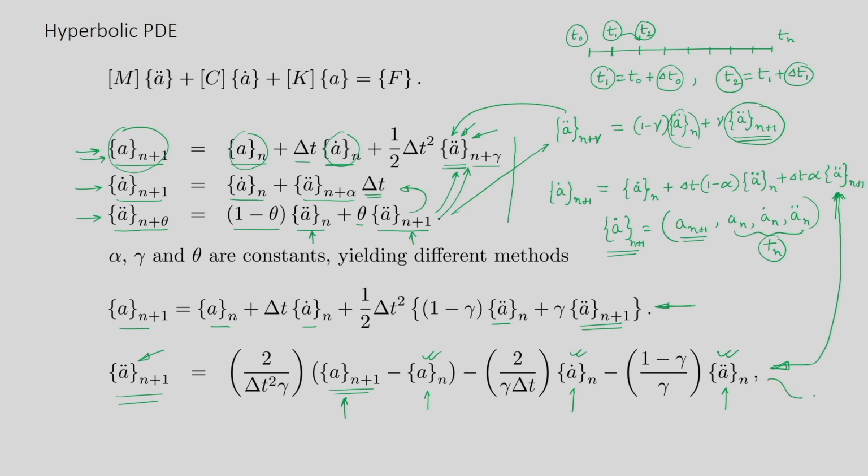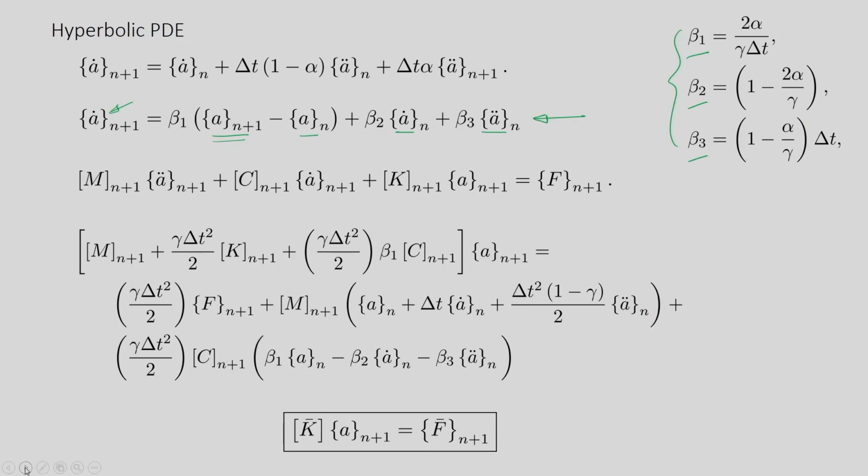Let me refer to this as A, where I express the acceleration at n plus 1, and this as B, where I expressed velocity at n plus 1 in terms of all other things at nth instant and displacement at n plus 1. Fine. So these are the two expressions that we will use.